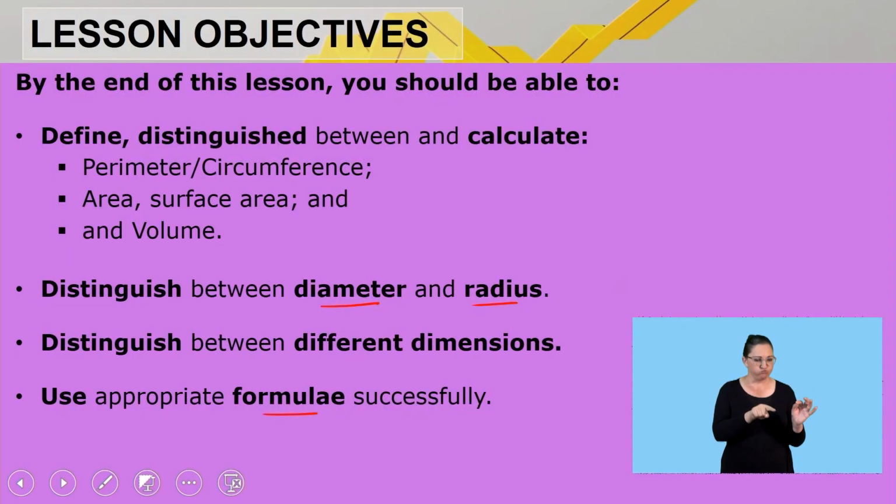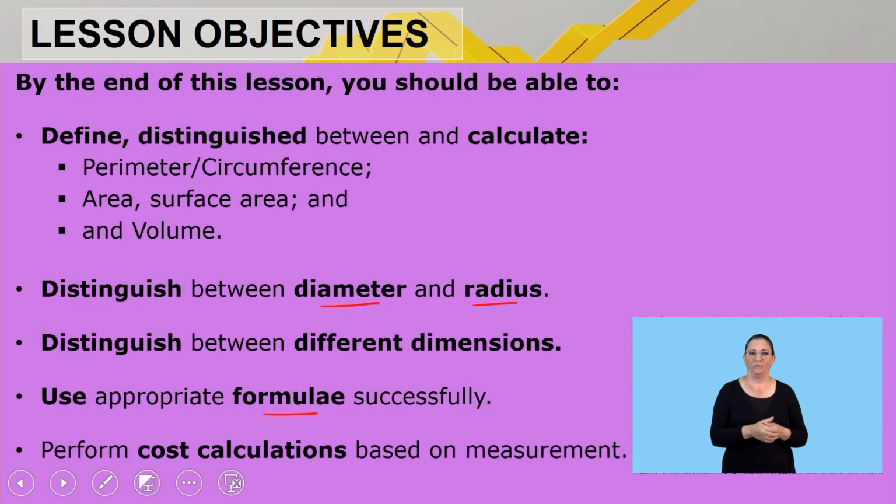That will all be applicable in today's lesson. You must be able to use appropriate formulae successfully. And very key to our lesson today, you must be able to perform cost calculations based on measurement. So those are our lesson objectives.